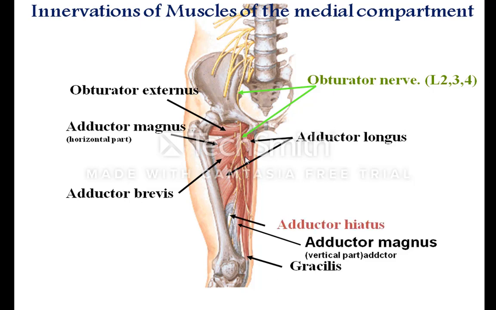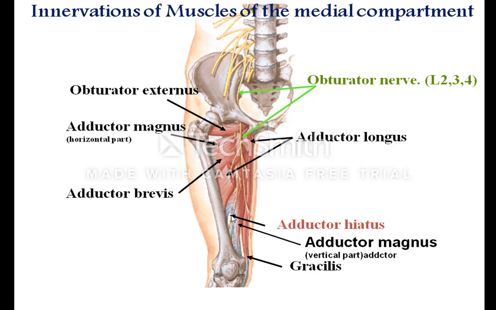And very important to see here, this is the adductor hiatus, a very important arch which is made by this adductor muscle, and from here is the end of the subsartorial canal or Hunter canal.